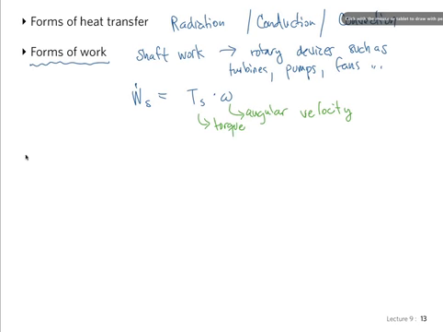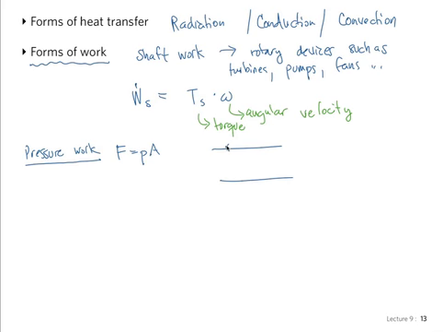Then we could have pressure work for a fluid, and for this consider that force is equal to pressure times area, right? So suppose that we're looking just at a little pipe, and there's fluid in here. I'm going to look at pressure being applied in this area, and suppose that the fluid is moving such that I have this line moving to this new position here. And so we want to look at what the work was.